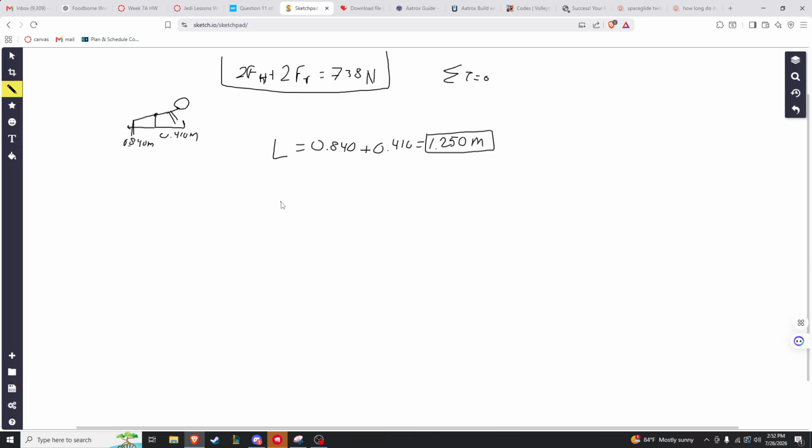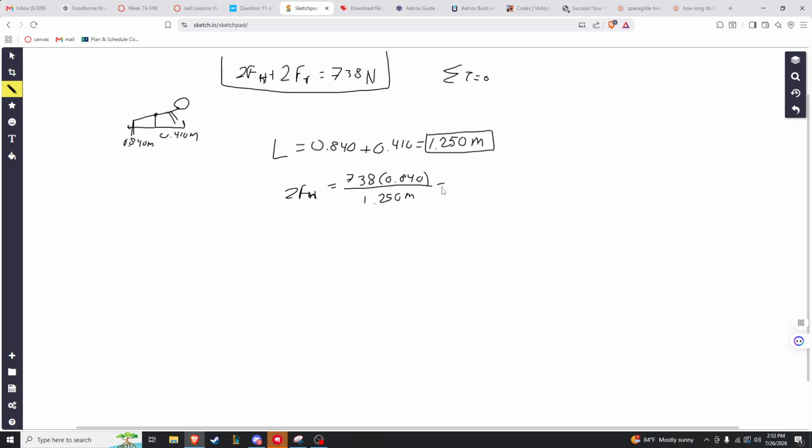It would be 2 F_H, with capital H, is equal to 738 times 0.840, since that's the length away from the hands, over 1.250 meters.